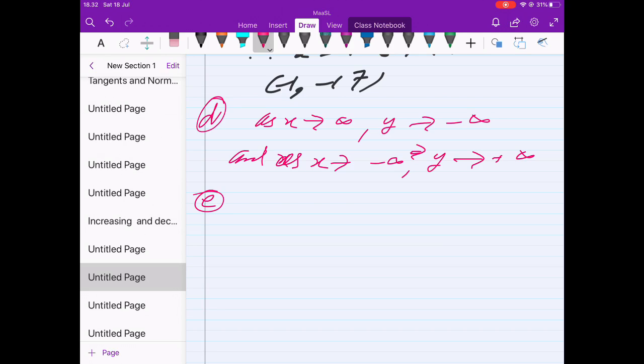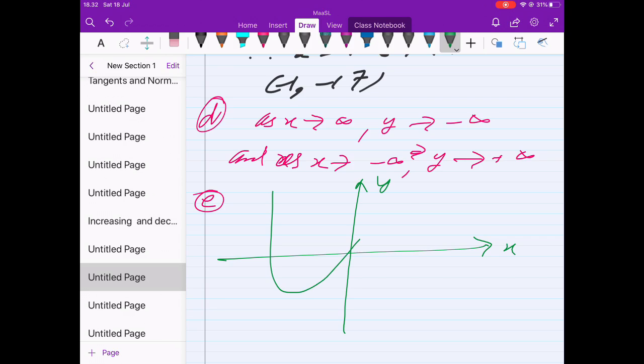Now if you sketch it, x-axis, y-axis, by mentioning the important features, somewhat like this. Here is the minimum point, here we have the maximum point, the curve is g(x), and you see here as x is approaching infinity, this curve is going downwards towards negative infinity, and here as x is approaching negative infinity, the curve is going upwards.